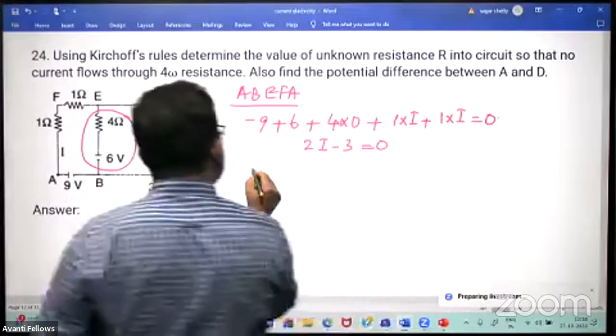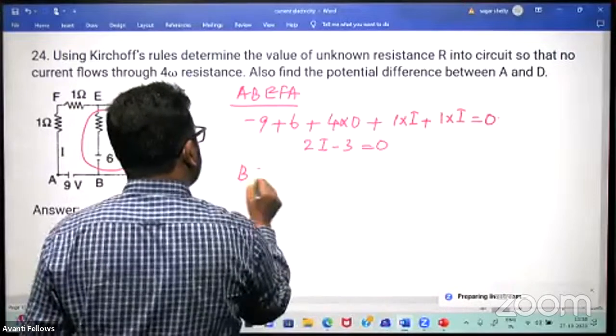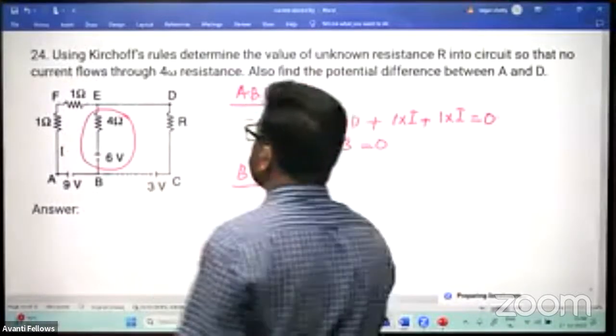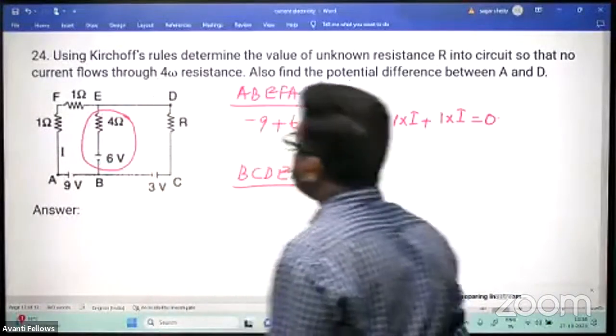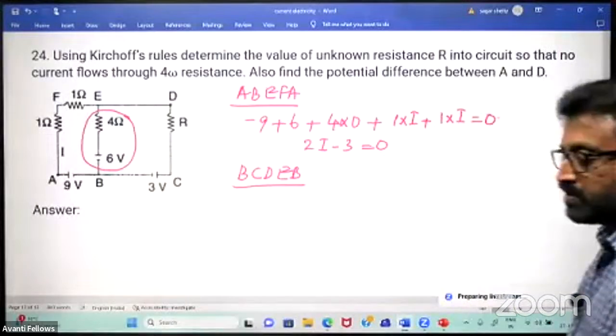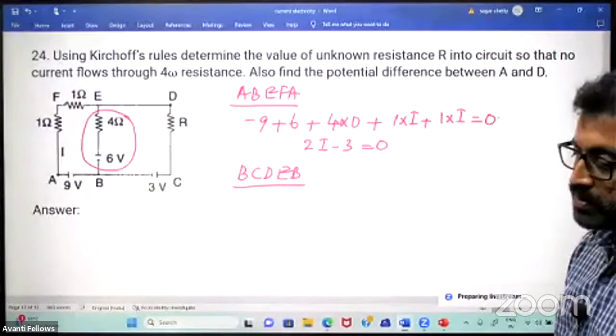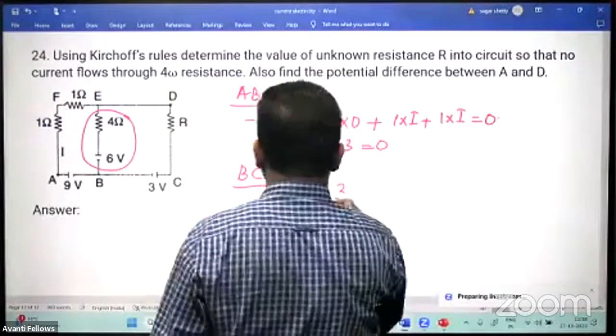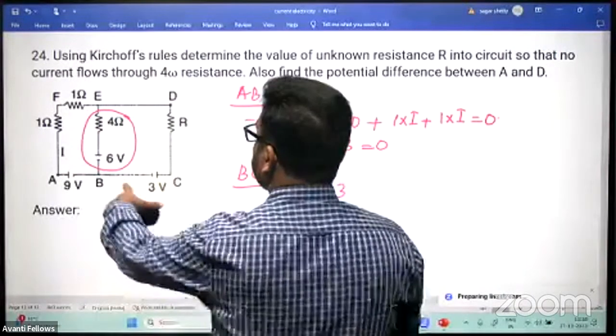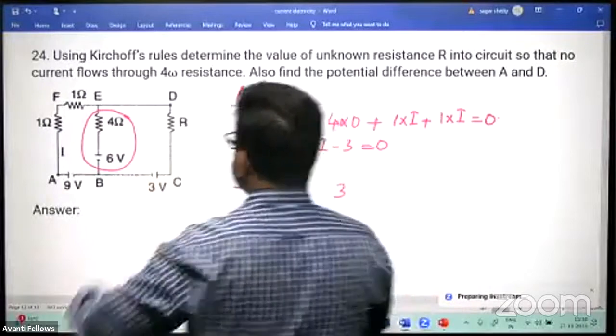Now the loop BCDEB. This is 3, going from minus to plus, entering from negative to positive directly.